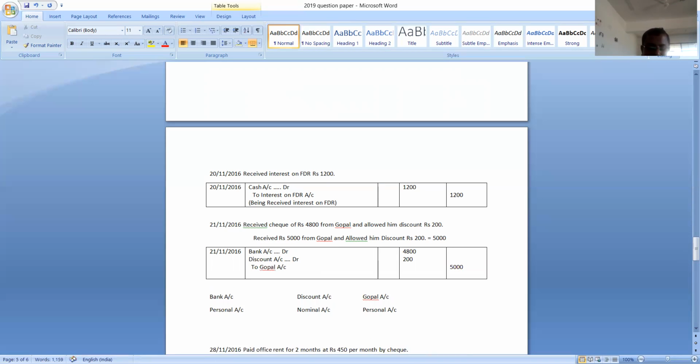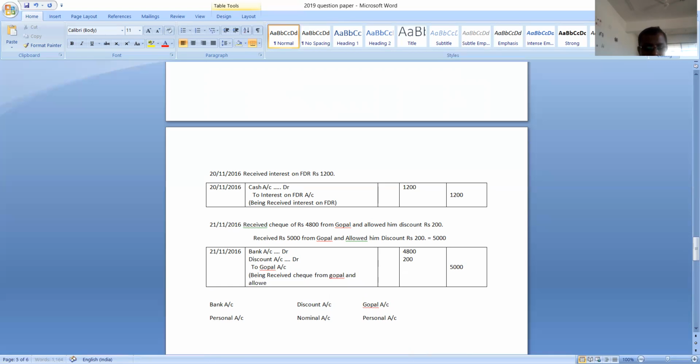Narration should be written in brackets, and it starts with 'being'. Being received check from Gopal and allowed him discount.